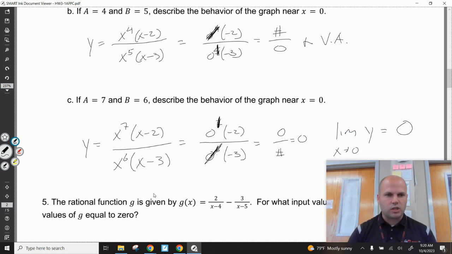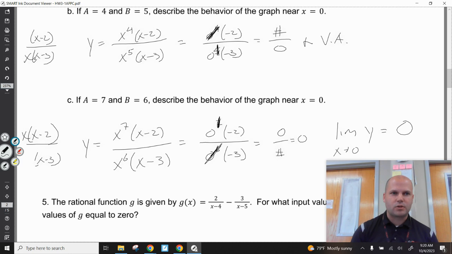But if you just looked at x times x minus 2 over x times x minus 3, you might say, oh, we have a 0 at 0, not a hole. Here, if you looked at x minus 2 over x times x minus 3, you might say, oh, we have a vertical asymptote at x equals 0.